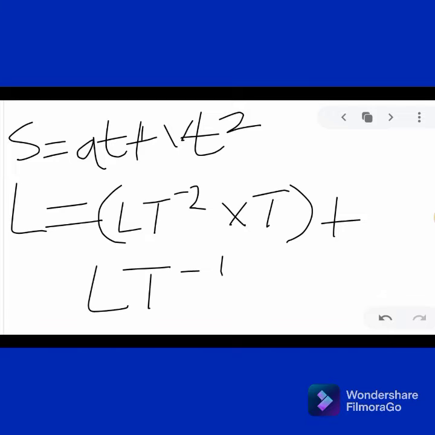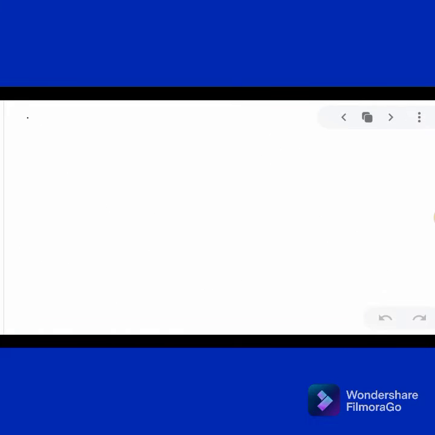So now let's look at this. L T raised to power minus 2 times L is the same thing as saying L over T squared. I'm putting the fraction to make it easier for you to understand, times T. T is a whole number on its own, so let's just say T over 1.